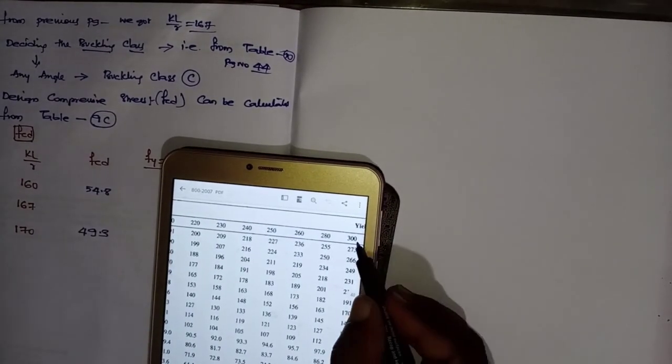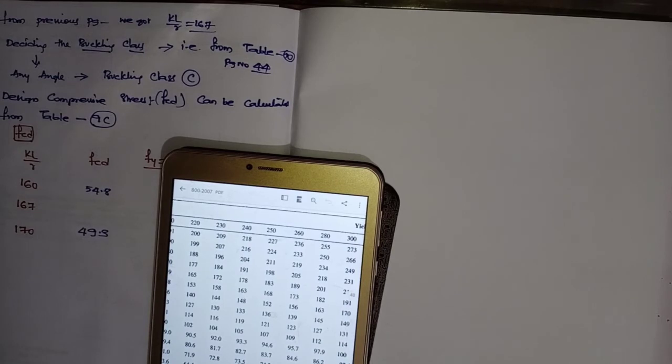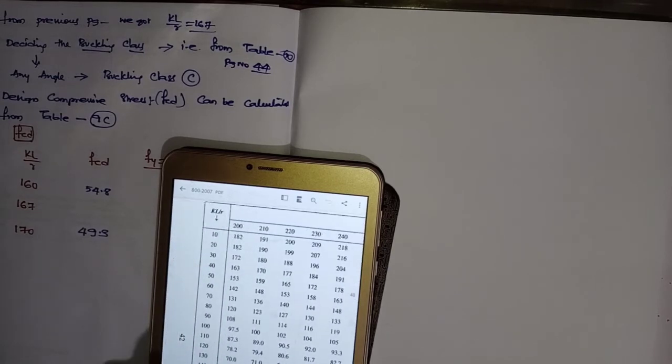These two values for 300, see, 160 and 170, right?